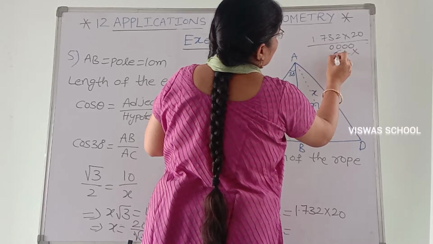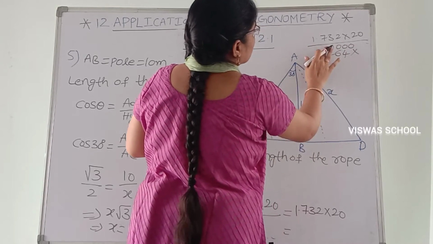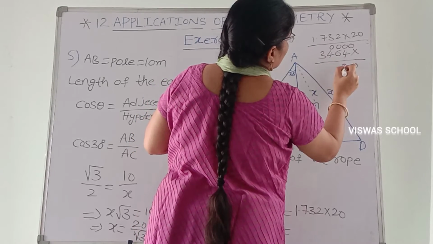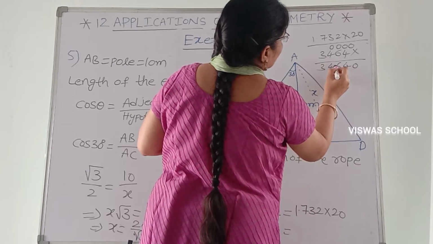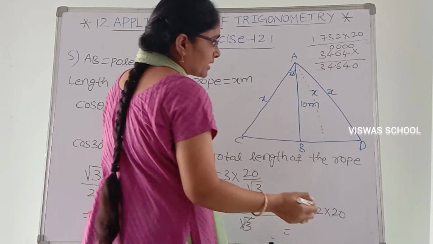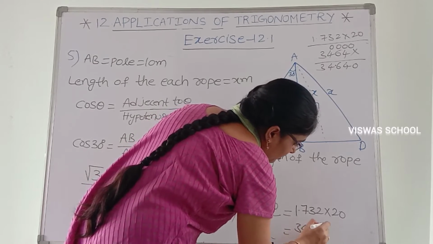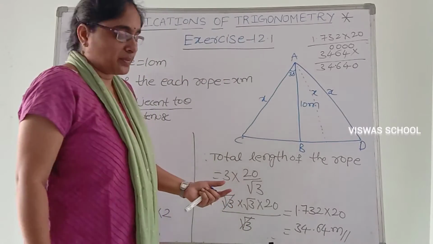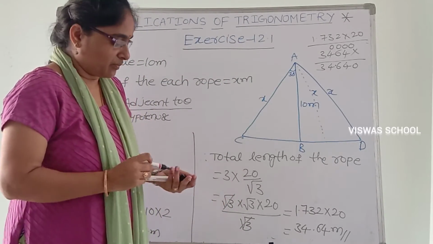Now 2 2s are 4, 2 3s are 6, 2 7s are 14, 2 1s are 2, and here 3. Now it is 0, 4, 6, 4, 3. After 3 digits, that is 34.64. So 34.64 meters is the total length of the rope.